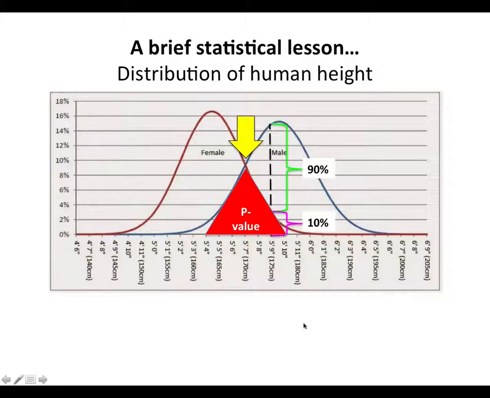Here's what I want you to see: we use this stuff to see what's truly different in science. So based on this graph, do you think height's a good way to determine who's male or female? Maybe not. At the higher heights, maybe, right? But here's the problem. Even at the lower heights, there's not a 100% guarantee.